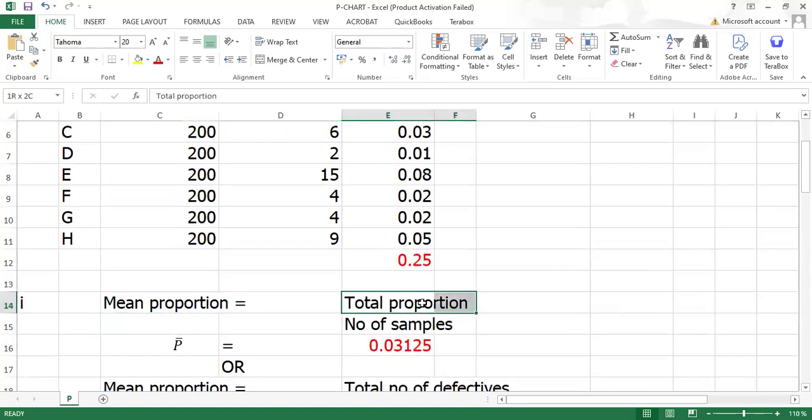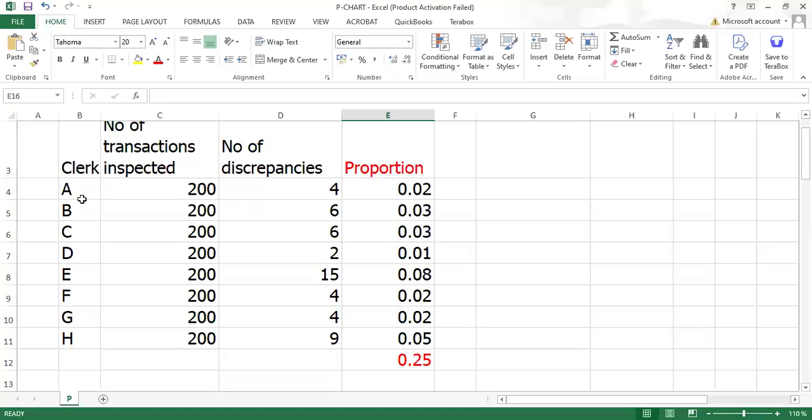We take the total proportion and divide by the number of samples. How do we get the mean? You get the total proportion divided by the number of samples. How many samples have you sampled? 1, 2, 3, 4, 5, 6, 7, 8.